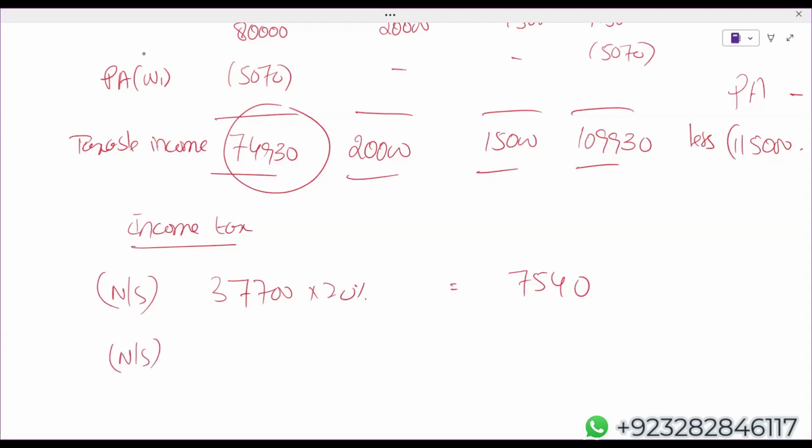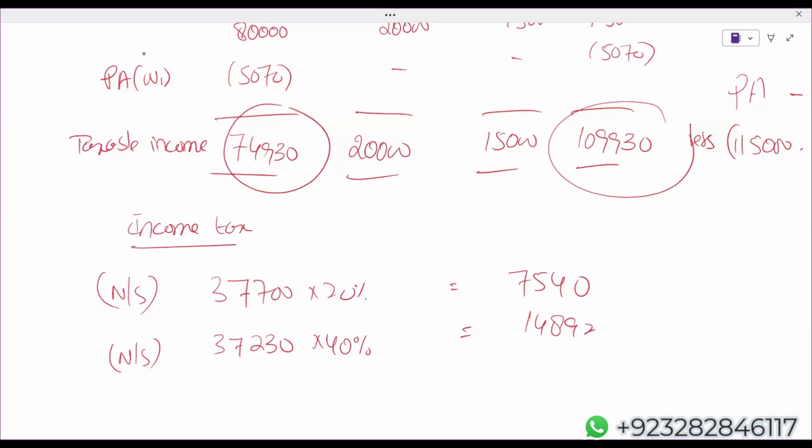Whatever comes that falls in high rate band, 74,930 minus 37,700, 37,230. Applicable rate is 40%, 14,892.